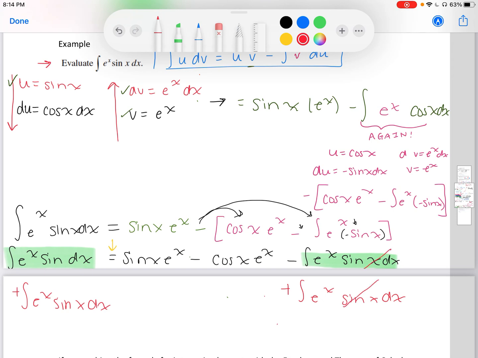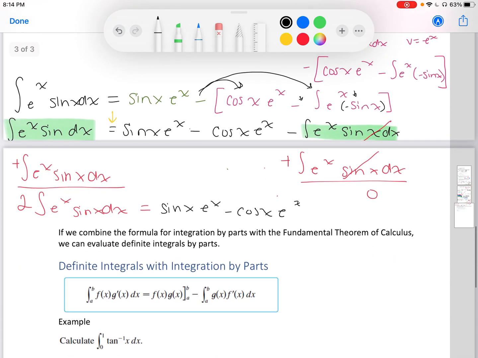Now that adds to make 0. And here we have two copies of them, a positive and a positive. We have two like terms. So 2 times the integral of e to the x sine of x dx is equal to what we have developed. All right, last bit.